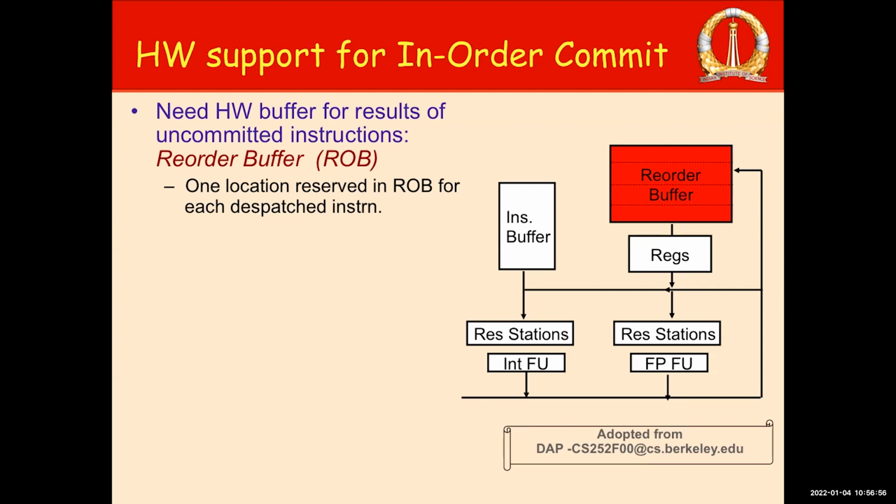So if the ith instruction has produced a result value for the R5 register and the value is 23, then i, R5 and 23 are the three things that are stored in the reorder buffer. i specifies the program order, R5 specifies the destination register, and 23 specifies the value.